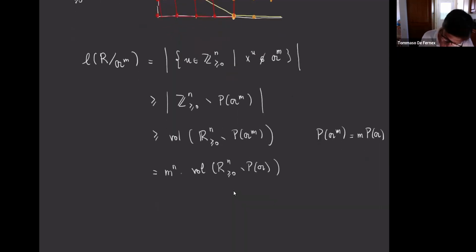So what I see here is that I have two inequalities, but in fact, equality holds asymptotically.